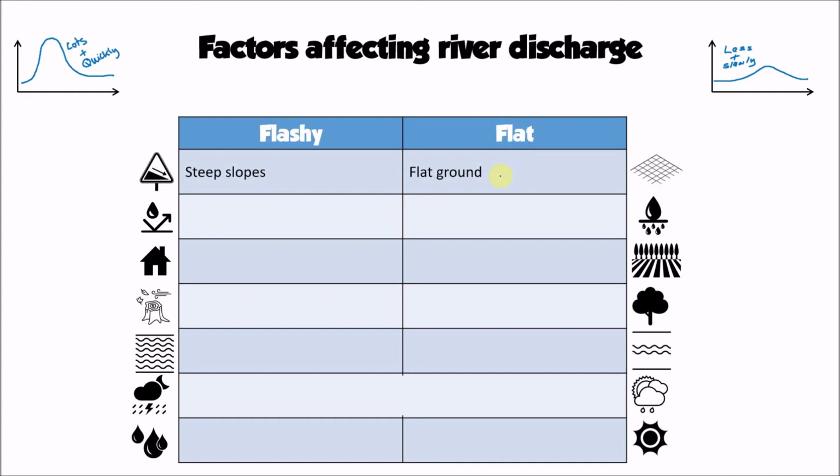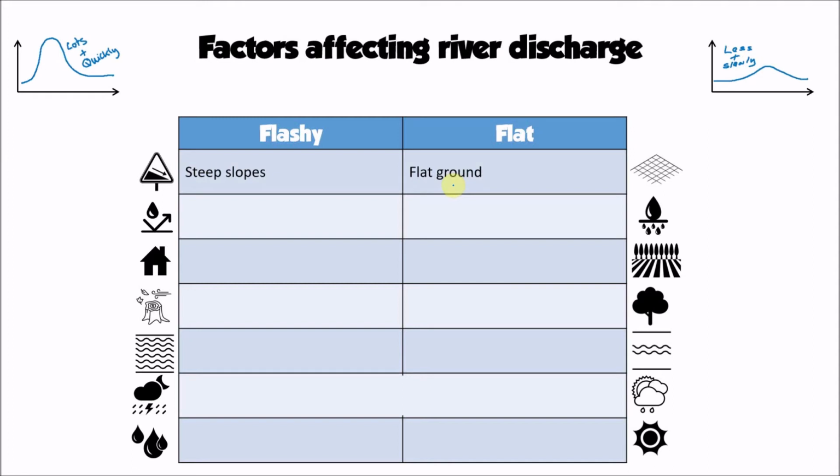Whereas if the ground is flat, we're more likely to have that infiltration happening. And as soon as we can get infiltration to happen and the water can end up in the soil, it's going to take longer to get to the river. So a flashy hydrograph might be caused by somewhere with quite steep topography, quite mountainous, hilly terrain, whereas flat agricultural land might produce a flatter hydrograph.